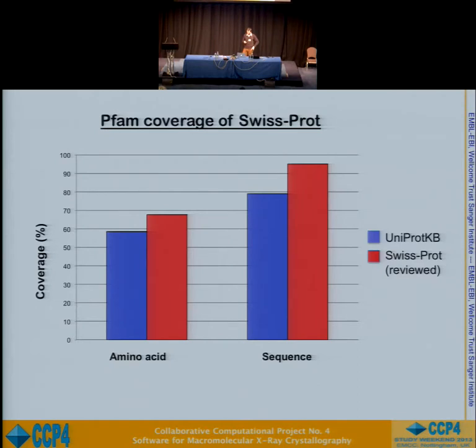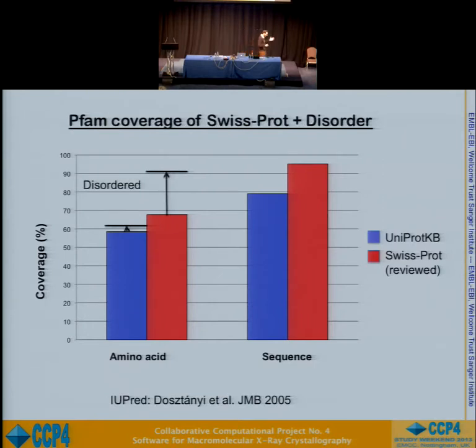I'm going to push it a little bit and ask the question: if we now consider the portions of amino acids that are not in Pfam, how much of that is actually predicted to be disordered? If you use IUPred for this, of course there are many methods, and to some extent they probably overpredict, but you see that for SwissProt, for example, only about 10% of amino acids are not covered and are not disordered.